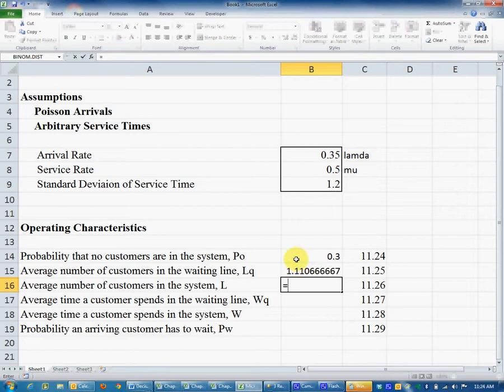You're right, Will, but go ahead. B15 plus B7 divided by B8. Bingo. Equals B15 divided by, I'm sorry, you had it right, I messed it up. B15 plus B7 over B8.